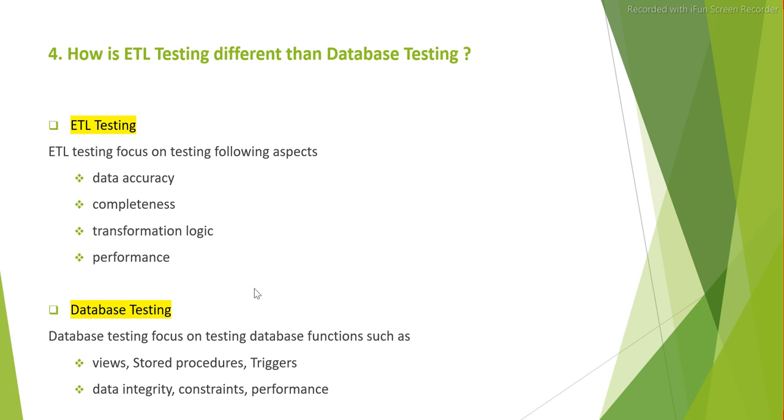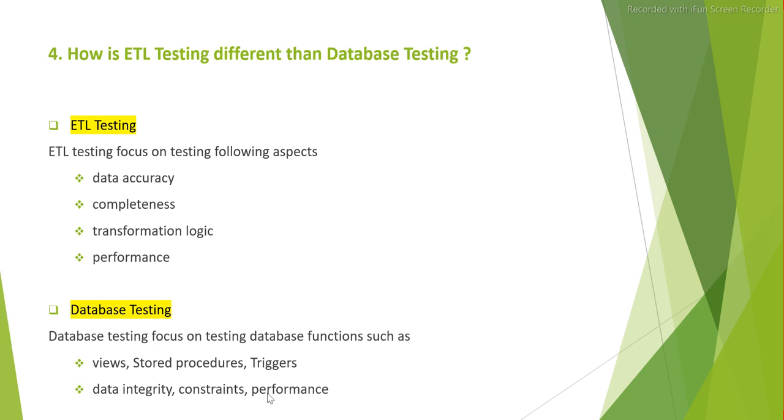And for database testing, we don't go for data accuracy, completeness and all. Basically we go for a different kind of testing, mostly dealing with the database functions, right? For example, you can test whether the views are working fine, whether stored procedures or triggers are working fine, in a different testing environment, right?